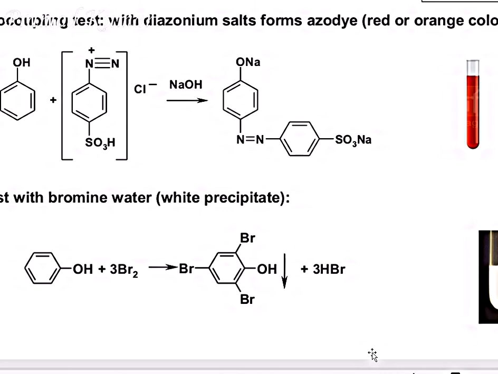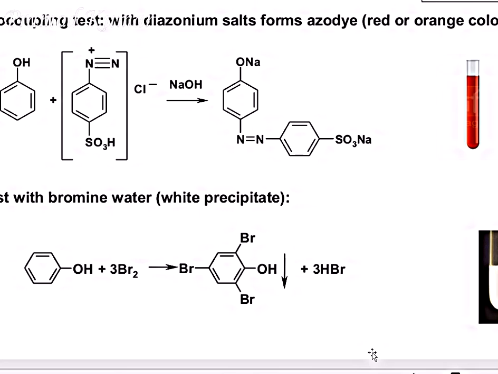When phenol is treated with a diazonium salt, over here they have said benzene sulfonic acid diazonium salt, but you can use a normal phenyl diazonium salt. When you treat it in the presence of NaOH, you get an orange colored dye. That is nothing but your azo product.